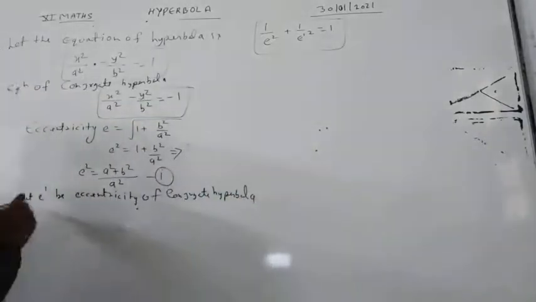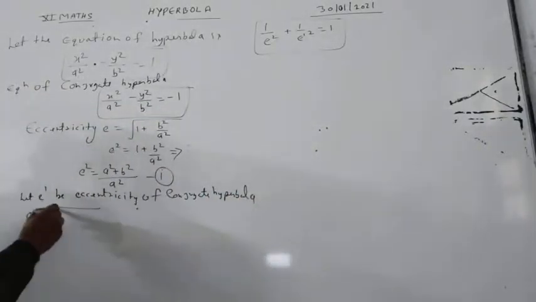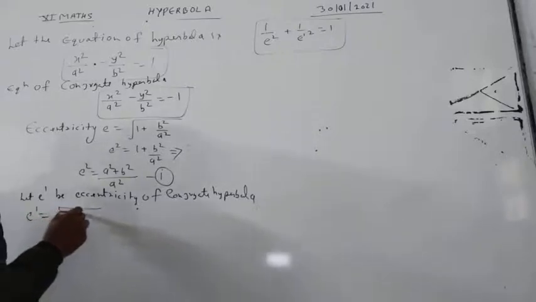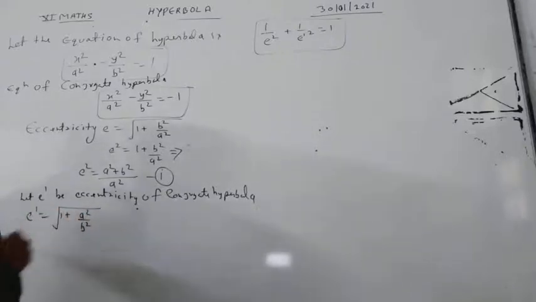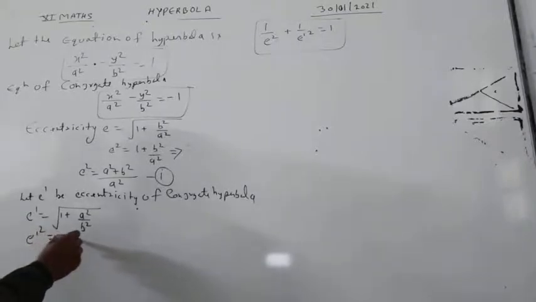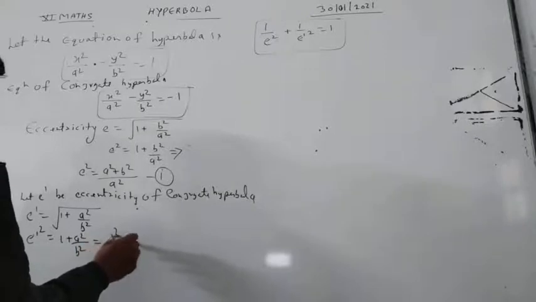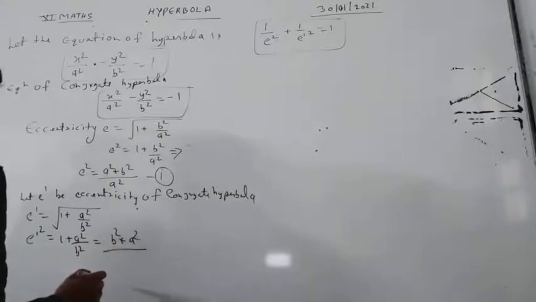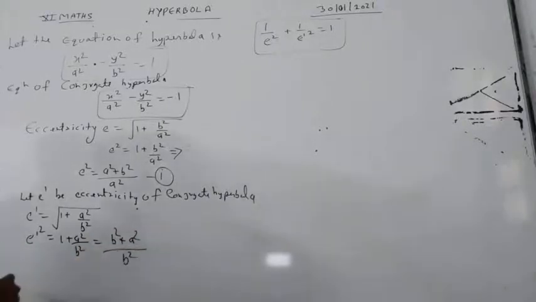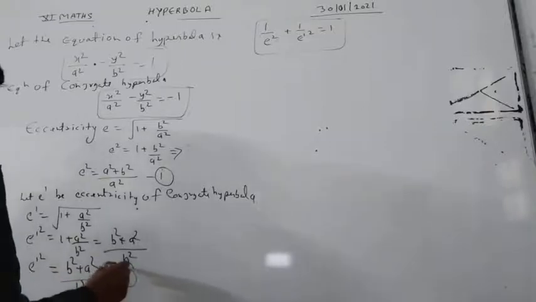So student, our E dash is under root 1 plus a square by b square. So E dash square is 1 plus a square by b square, which is b square plus a square by b square. Okay student, so E dash square is b square plus a square by b square. This is equation number 2.